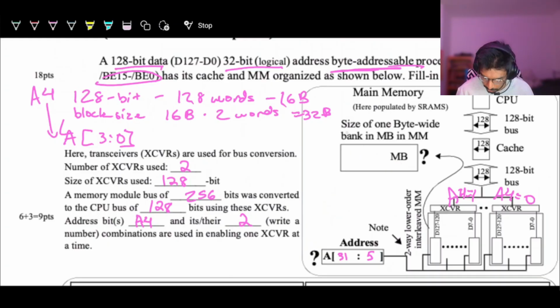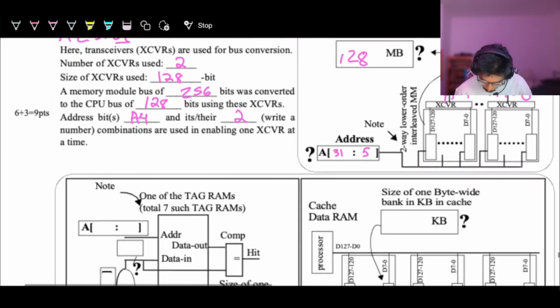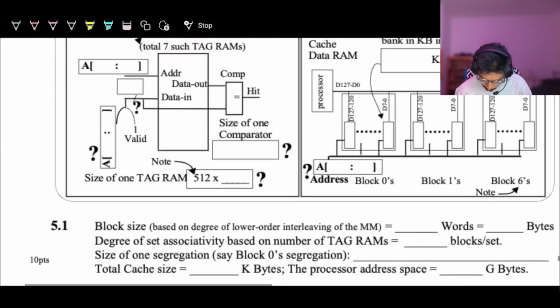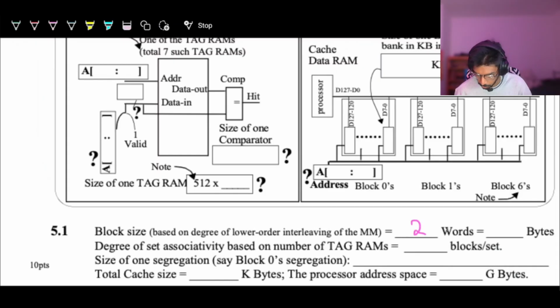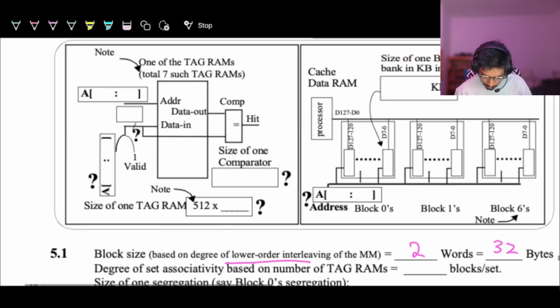So we have 128 MB in each byte wide bank in main memory. So next, let's see what our block size is. So we already said that that was two words because that's dependent on the lower order interleaving, and that's 32 bytes. And then let's look at our tagrams.